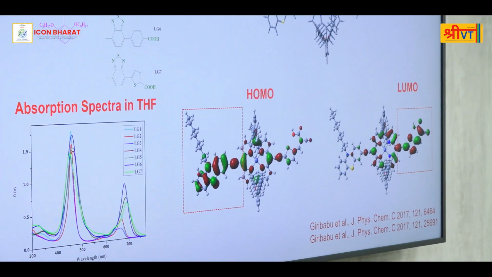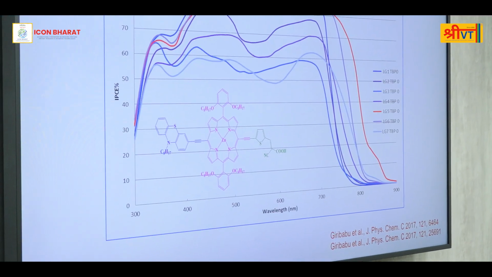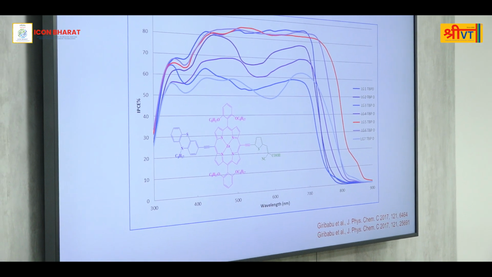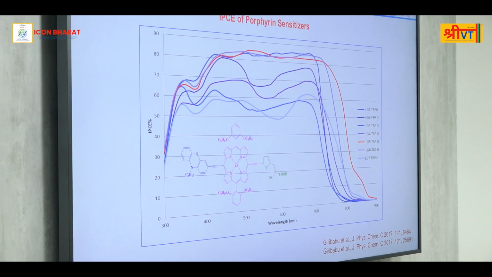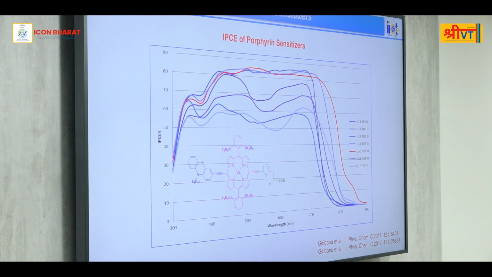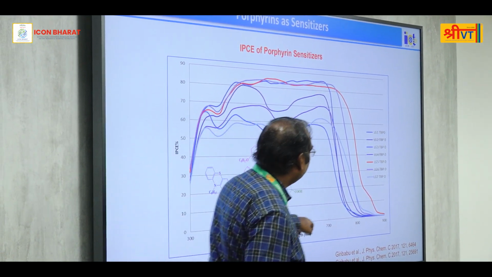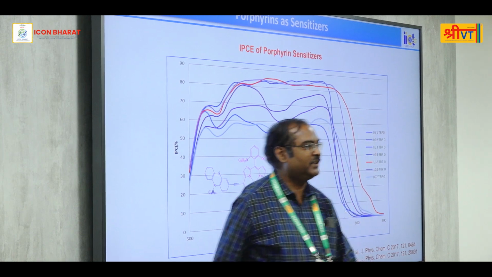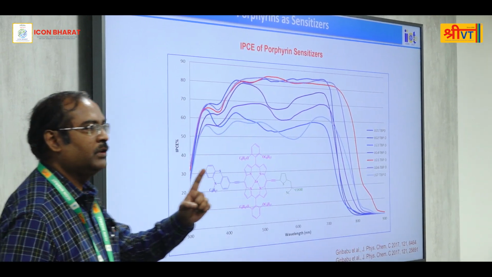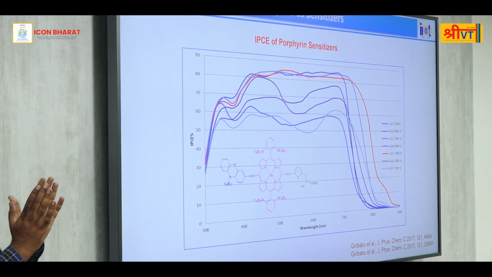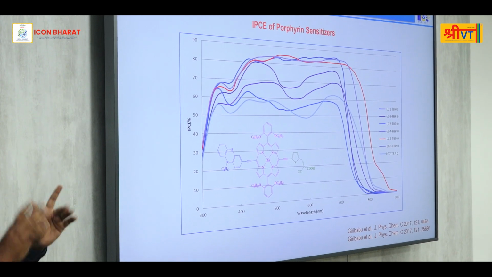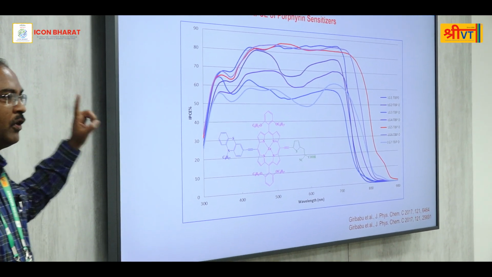Okay, these are all fine. So I'm talking about the technology again. The IPCE spectra: this is the first instance. You can see here it is from 300 nanometers to 900 nanometers. This is the first molecule in the literature, a single molecule, not a mixture, showing such broad absorption.